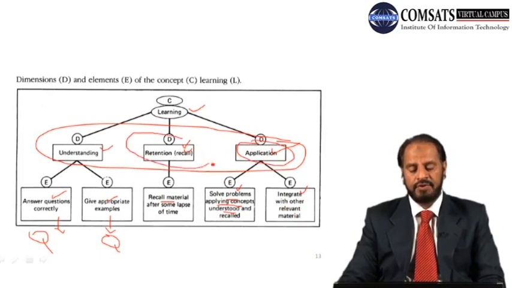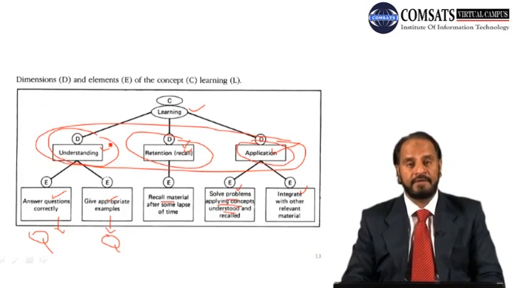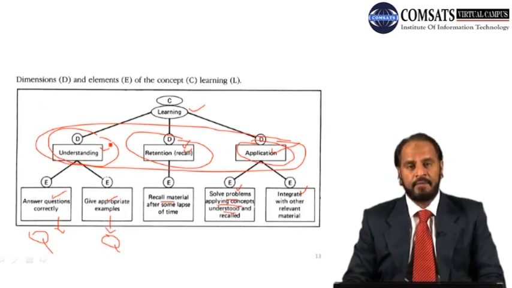So three dimensions will basically try to explain the behavior of learning. As I said, learning is very subjective, very difficult to measure, and we have tried to give an operational definition of learning, and within that we defined the dimensions and sub-elements of those dimensions so that we can measure that.